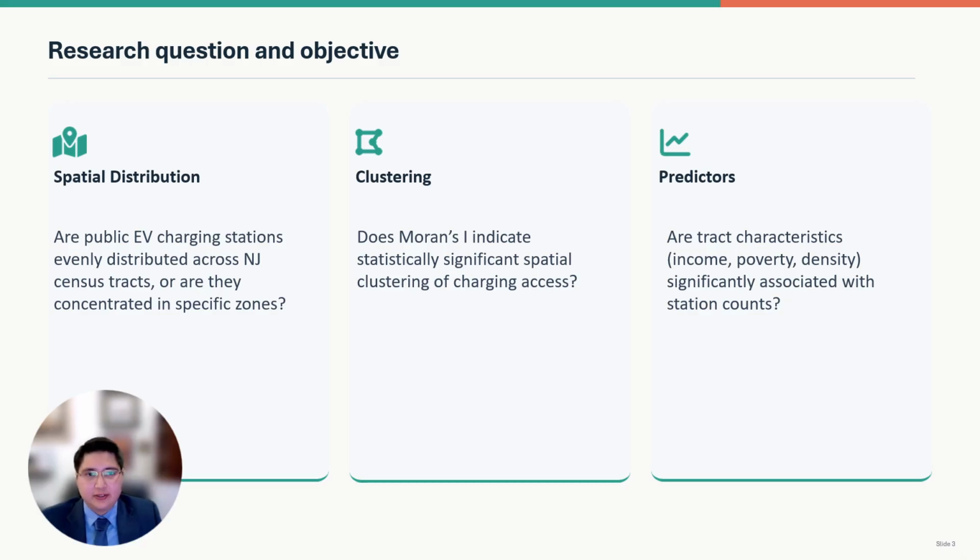Then I test clustering using Moran's I, which tells us whether nearby tracts tend to have similar charging access levels. Third, I use regression modeling to see if tract characteristics such as income, poverty, no-vehicle households, and population density are associated with station counts.